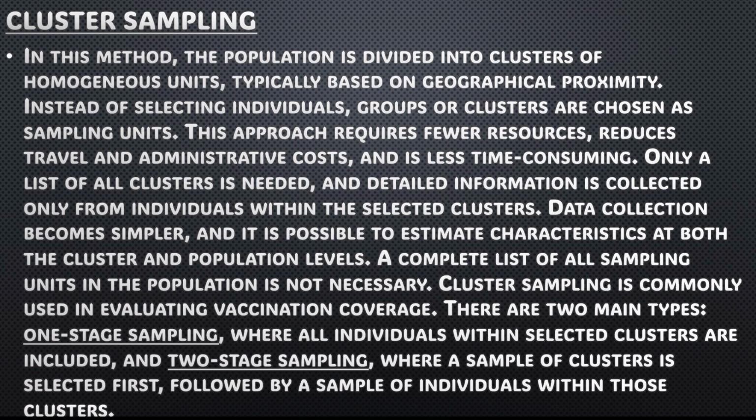This method is most commonly used for evaluation of immunization coverage. For example, WHO uses the 30x7 cluster sampling method for evaluating immunization coverage. I will explain this method. For example, in a city or in a district, 30 villages are selected randomly.